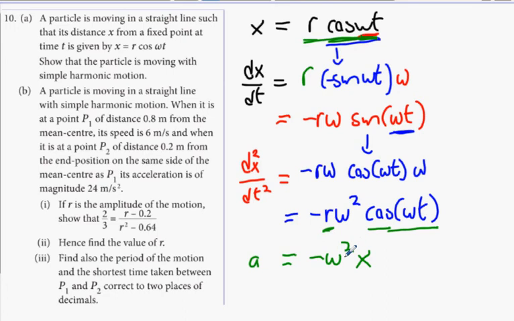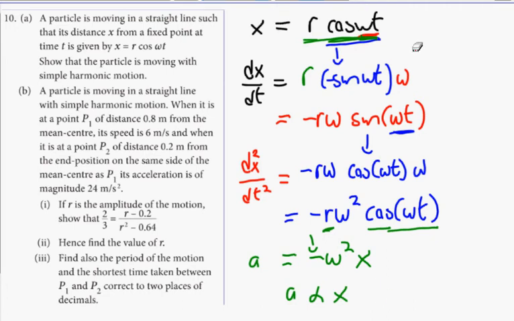It's executing simple harmonic motion because the acceleration is directly proportional to the displacement x, and it takes place always in the opposite direction because of the minus sign. That's why it's deemed to be doing simple harmonic motion. Any questions on that? I'll stop it there.